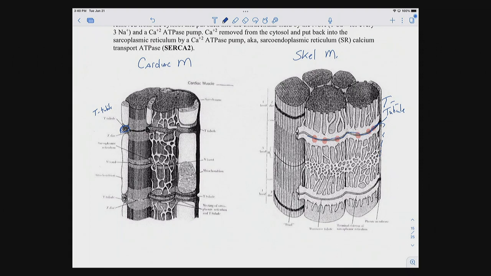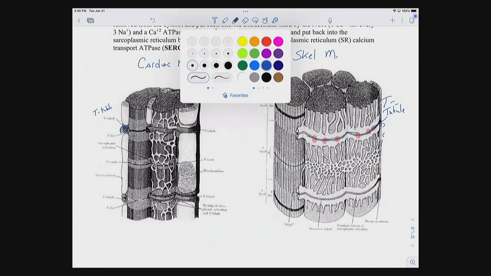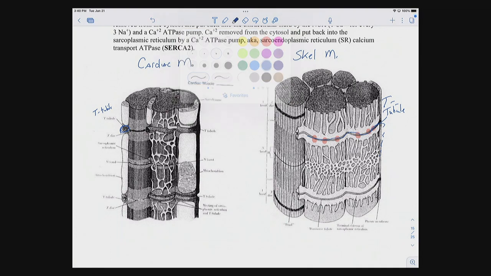And you recall, let's go blue here, you have your lateral sacs, terminal cisterna, and then of course your network of sarcoplasmic reticulum there. And you'll recall the way it worked in the skeletal muscle.